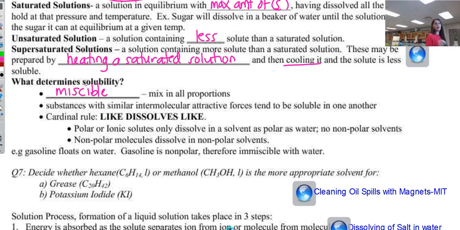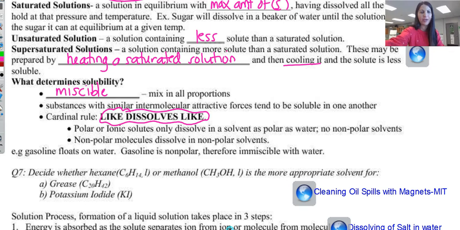There's a cardinal rule, but I'm going to tell you the AP will never want you to use this term, okay? If you're ever explaining something, you never want to say, even though it's so true, "like dissolves like." You want it in your head, but you don't actually want to use it as part of your explanation, okay? What does the AP want you to say? They want you to say, if it has similar intermolecular forces, then it's going to dissolve in something that's similar to it. And you want to be even more specific.